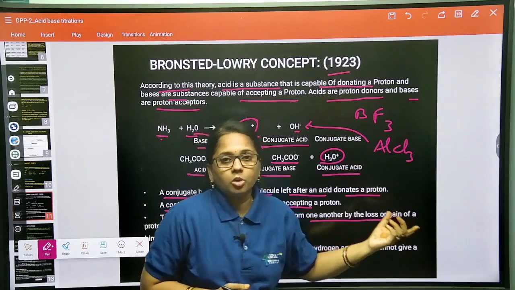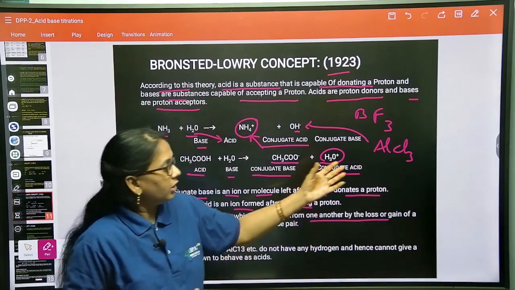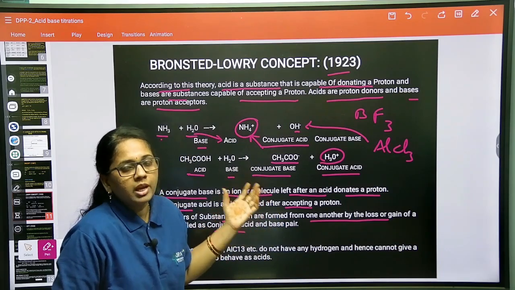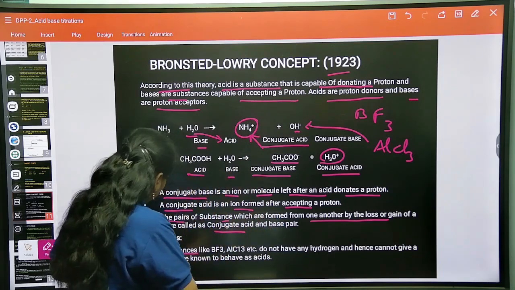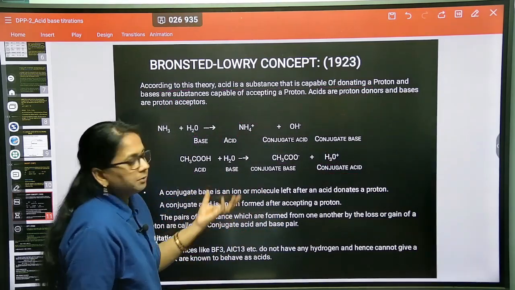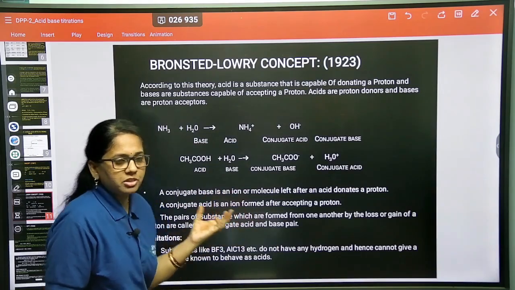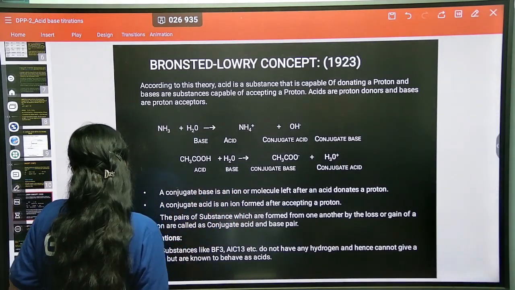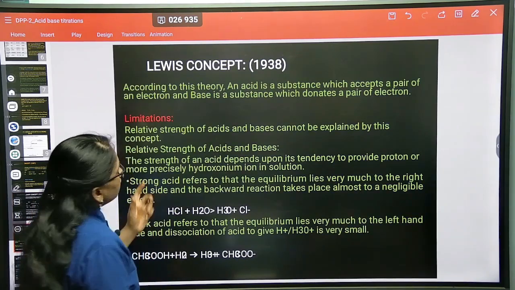This theory is unable to explain the reason behind it. So these limitations and drawbacks are observed, and afterwards we have seen another concept, that is the Lewis concept.